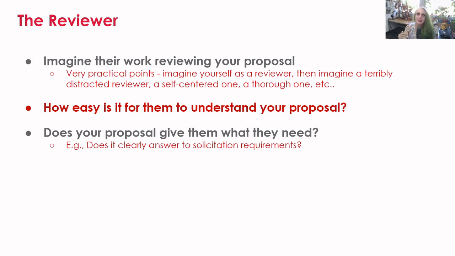And many solicitations will literally have a list of expectations in the form of headers and subheaders in the solicitation itself. It's perfectly okay to copy those headers and subheaders into your narrative and just elaborate under the exact same headers and subheaders that the sponsor put out.